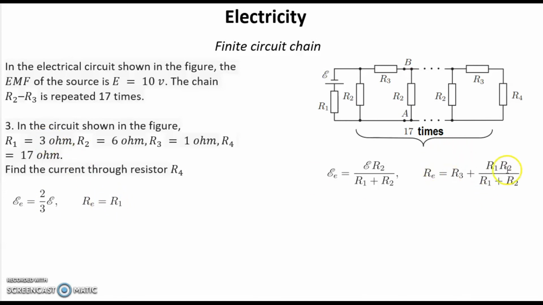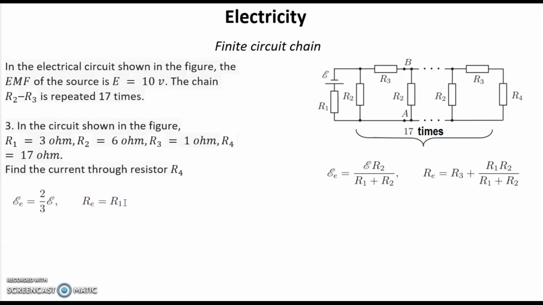So we can repeat this operation 17 times, and we will get the last effective EMF equal to 2/3 to the power 17 times the initial EMF, and we get the same internal resistance R1.